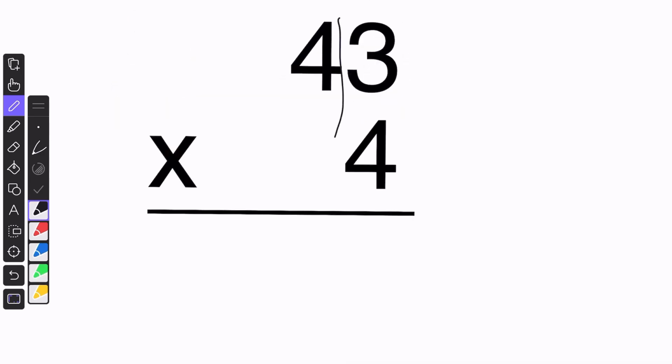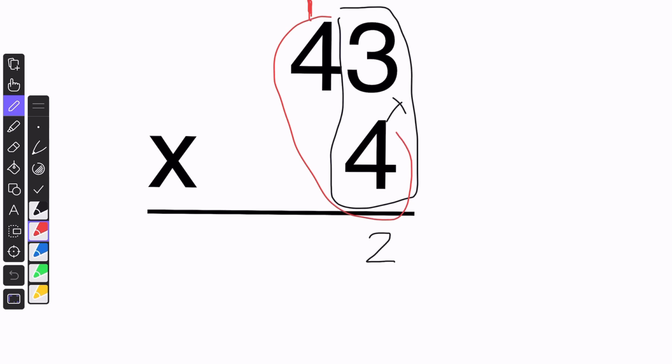But first, our first step, step 1, is going to be 3 times 4. That is going to be 12. And then we put the 1 on top right here. Step 2, you're going to multiply both of these.